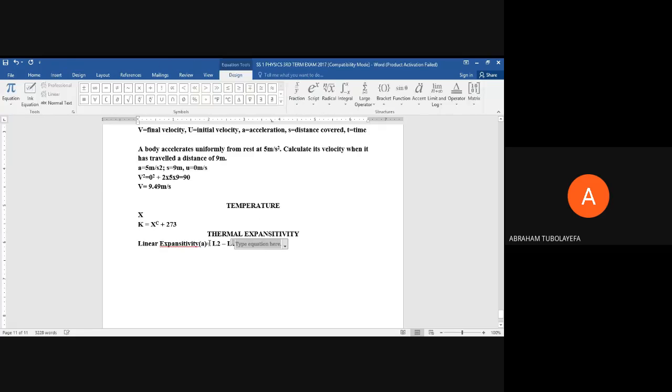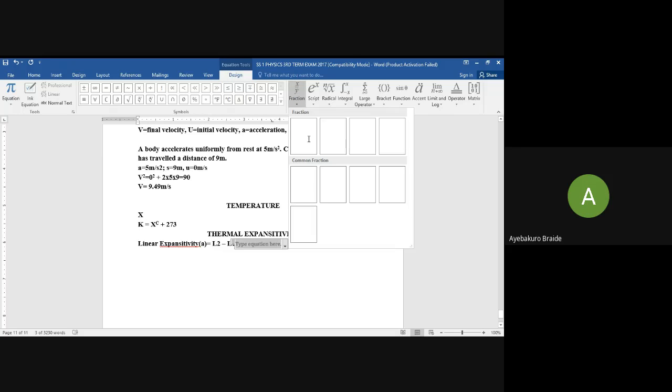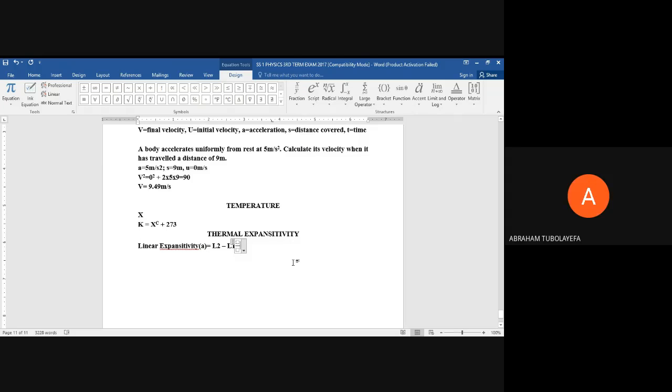Okay, so we have L2 minus L1 divided by L1 times the increase in temperature, theta 2 minus theta 1.